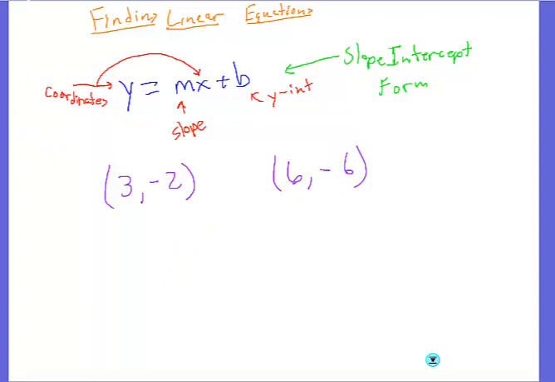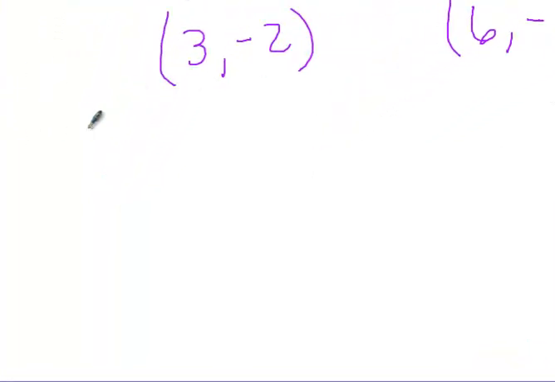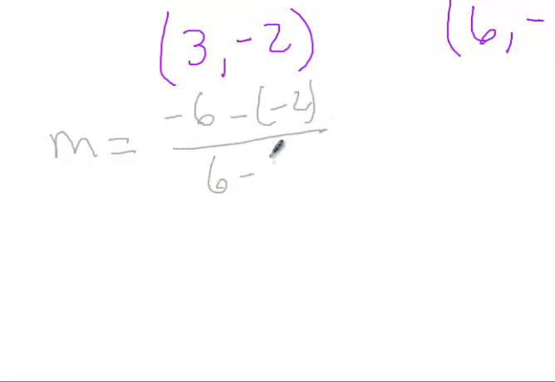Again, you're given two coordinates, but indirectly I give you the slope, because to find slope we can use our 2 points with m equals y2 minus y1 over x2 minus x1. So for this equation, m equals -6 minus -2 over 6 minus 3. -6 plus 2 is -4, and 6 minus 3 is 3, so our m is equal to -4/3.